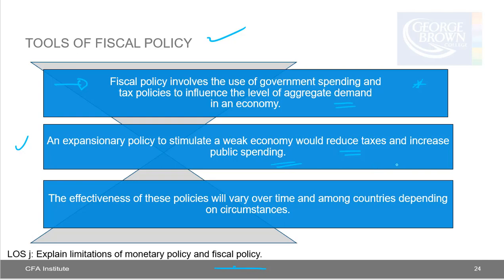So public spending could be on roads, bridges, harbors, terminals, etc. Government spending to put people to work. And also expansionary policy would be to reduce taxes, okay? The effectiveness of these policies will vary over time and among countries depending on circumstances.